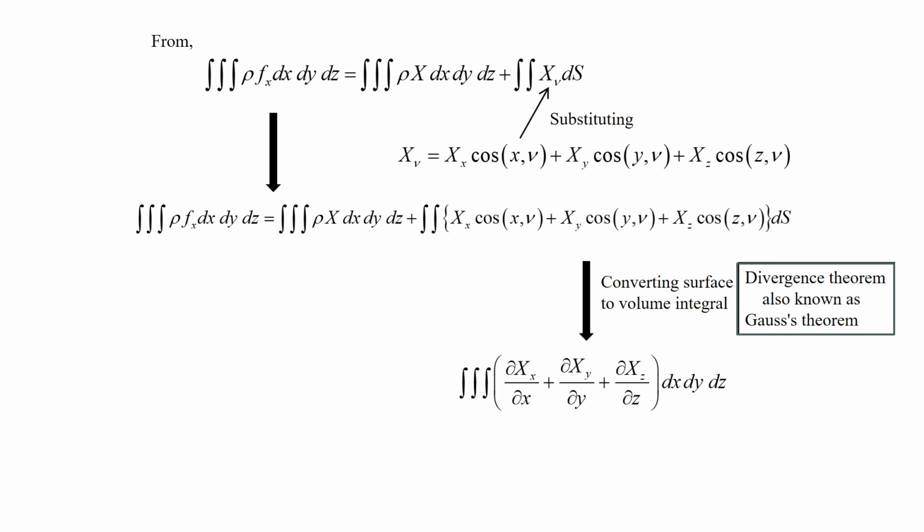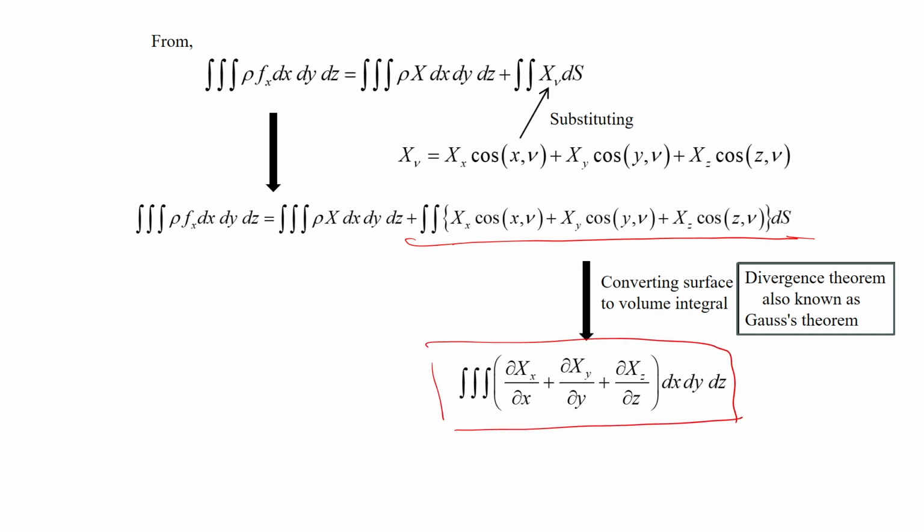In the divergence theorem, this term, xx cos nu plus xy cos nu plus xz cos nu, and this integration can be converted to a volume integral, which can be written as this particular equation.